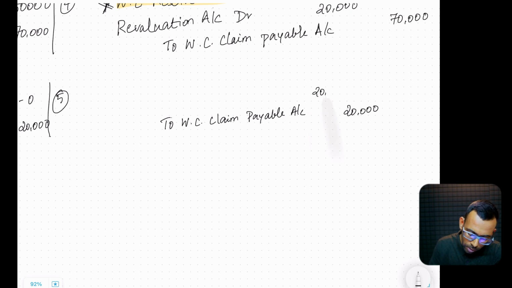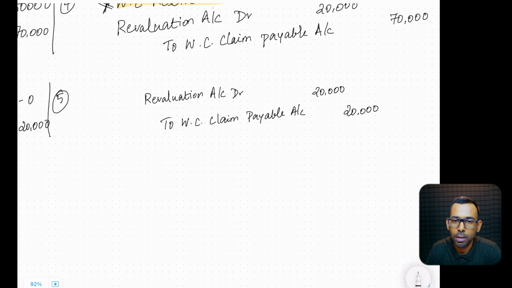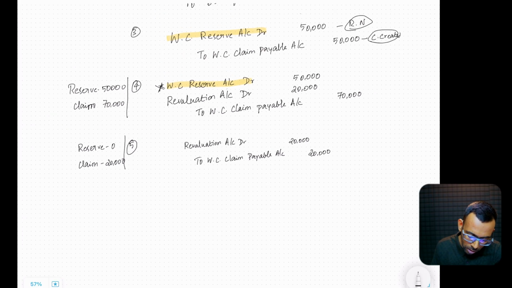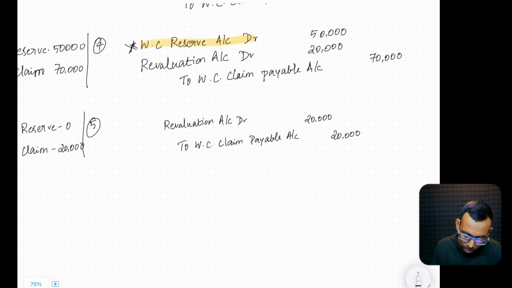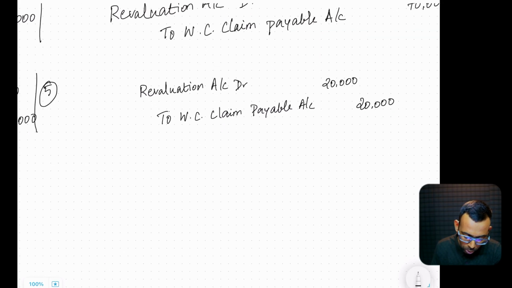That 20,000 is a loss for me, isn't it? So who will bear that loss? You guessed it right. It will be borne by revaluation account. When nobody is there to bear a loss in admission or retirement, the rescuer is always revaluation account. So these are the 5 journal entries that we have come across in today's lecture.